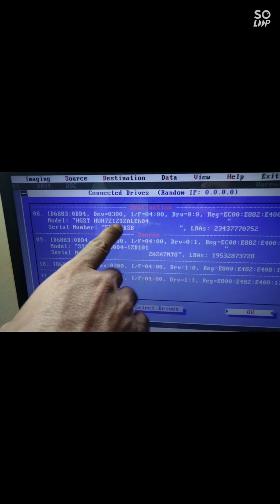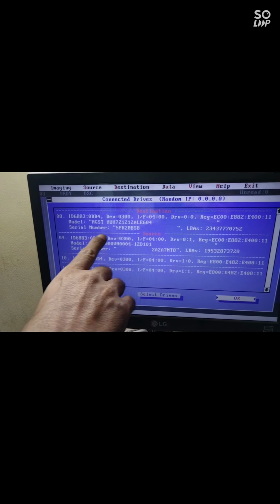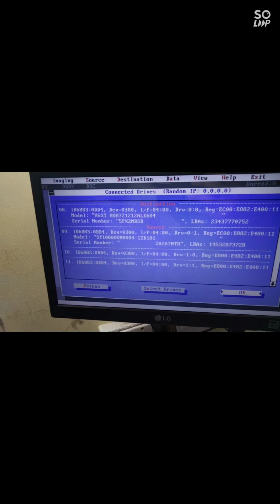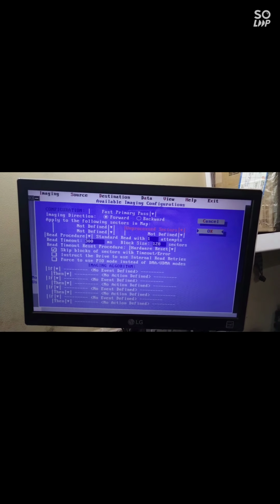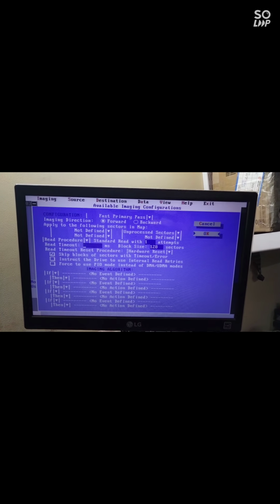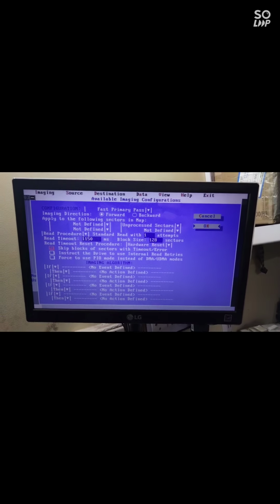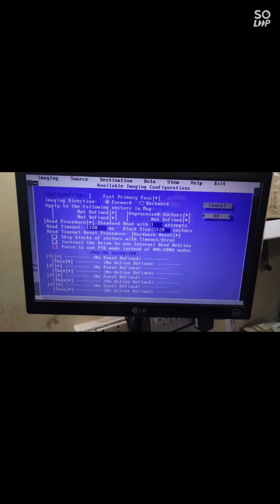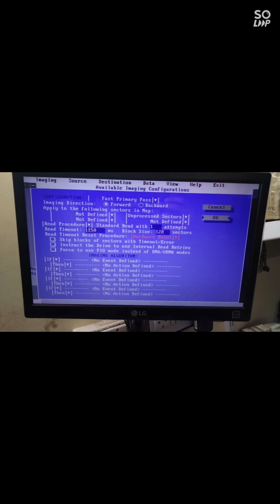Here both have got detected. The destination is a Hitachi hard drive, and the source drive is a Seagate hard drive. Let's see whether this gets detected or not. Let me see the readings, the input values. I have to change a little bit from here.